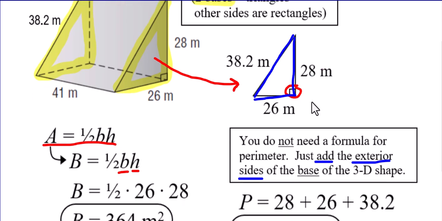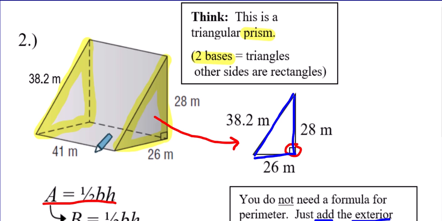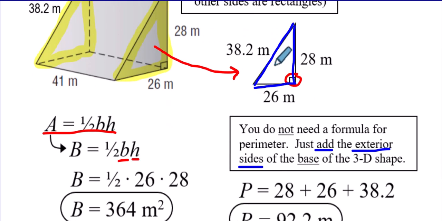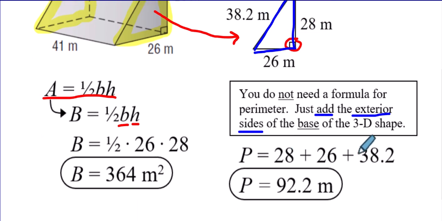And it's a good thing that I drew this triangle, because if I didn't, I might have accidentally added the 41 as well. And I hope you can see on this drawing, the 41 is not a side of the triangle. Instead, it's a side on the three rectangles that go between the triangles. But we only want the perimeter of the base, which is the perimeter of the triangle. So it's just the three sides of the triangle added together.